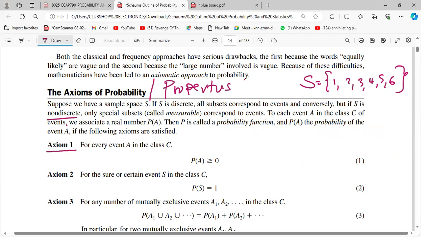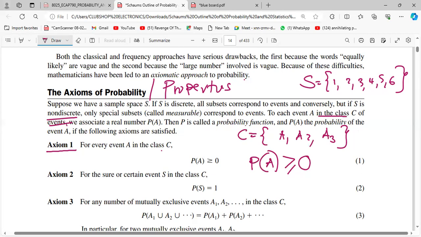Axiom number one: for every A in C, where C is the class of events, so you may have C as A1, A2, A3, a class of events, for every A in the class, P(A) must be greater than or equal to 0.